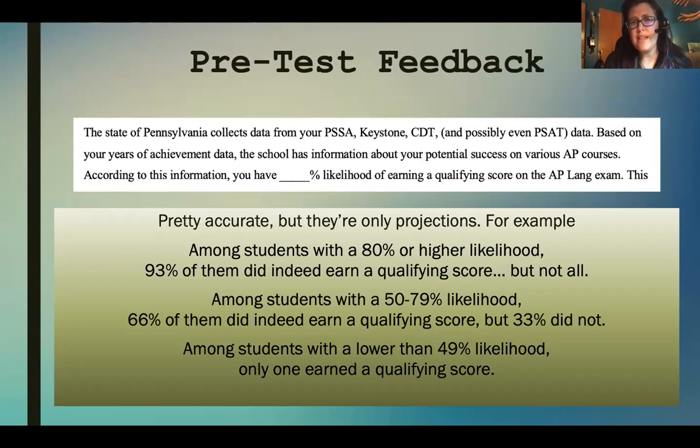Among a group of students whose projection was between 50 and 79%, 2/3 of them, about 66%, did indeed earn that qualifying score, but 33% didn't, which makes sense, right? If you have a 60% chance, that means there's a 40% chance that you won't. Among students with a lower than 49% likelihood, only one of them earned a qualifying score.